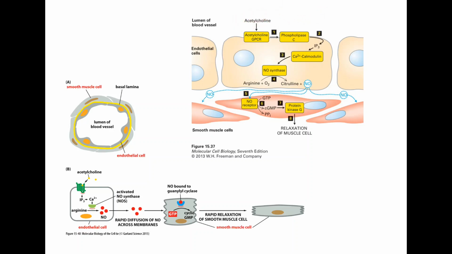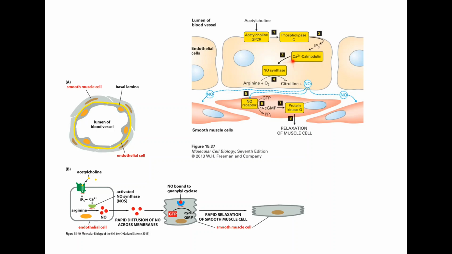Once again, we're using it to activate a receptor. In this case, it's another G protein coupled receptor, but this acetylcholine receptor activates phospholipase C. So you can guess that this is probably going to be an alpha Q pathway, and if it's phospholipase C, then you're going to get a calcium spike.